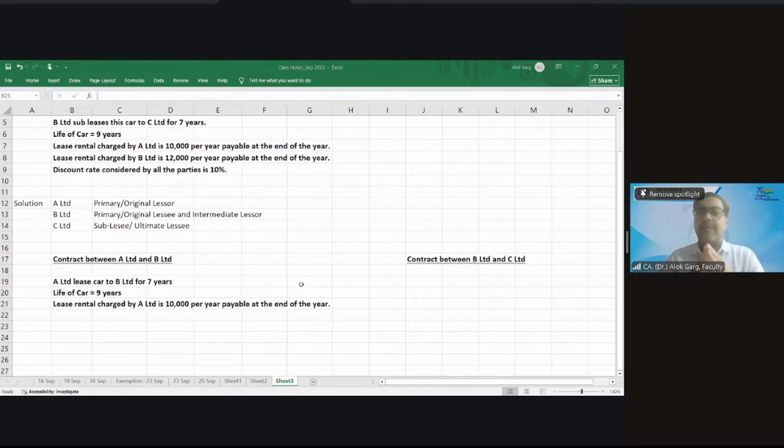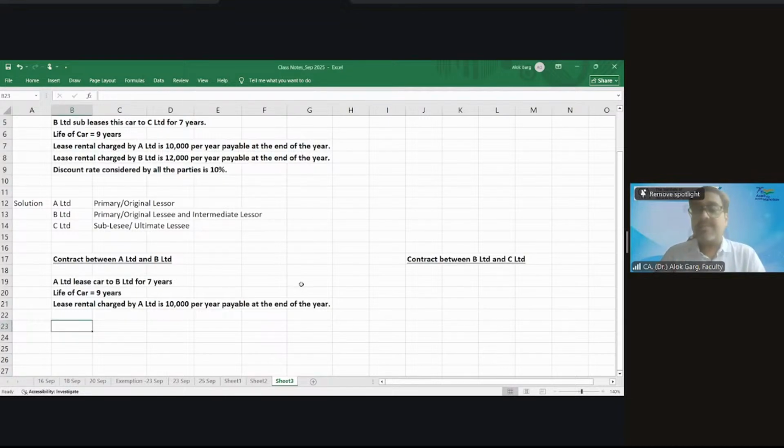A Limited being a lessor, what accounting will A Limited do for this asset? In the books of the lessor, is it a finance lease or an operating lease? It's a finance lease, sir. It's 7 years out of a life of 9 years.